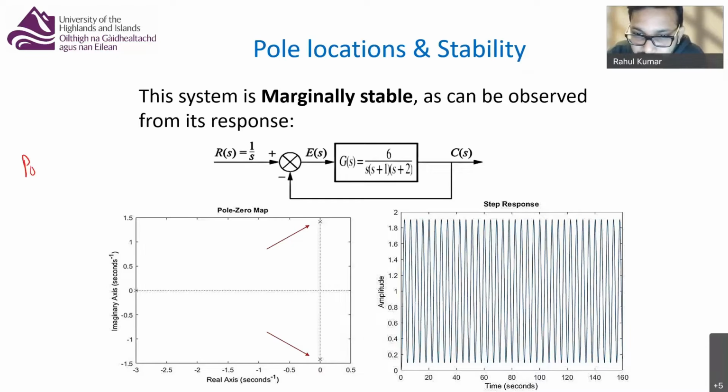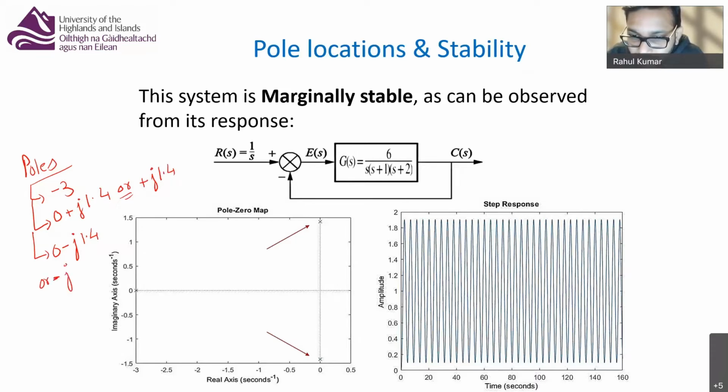The poles you will get for this system are -3, 0 plus j 1.4, and 0 minus j 1.4, or you can simply write it as plus j 1.4 and minus j 1.4.